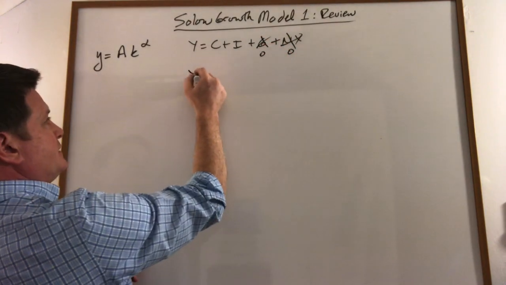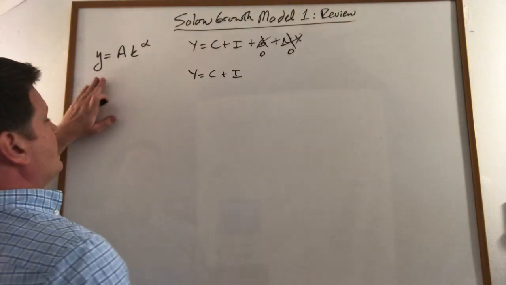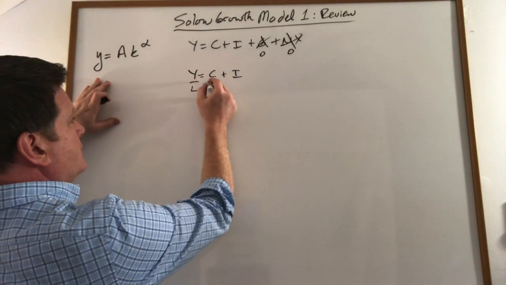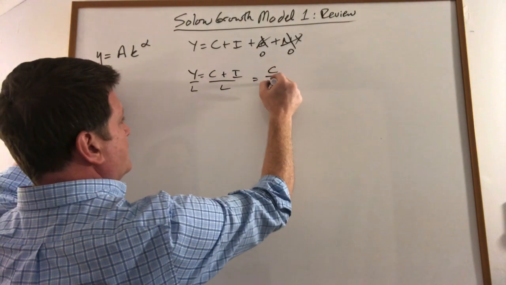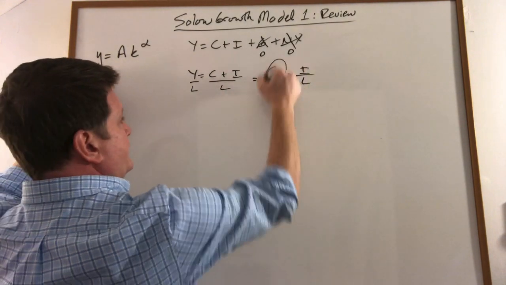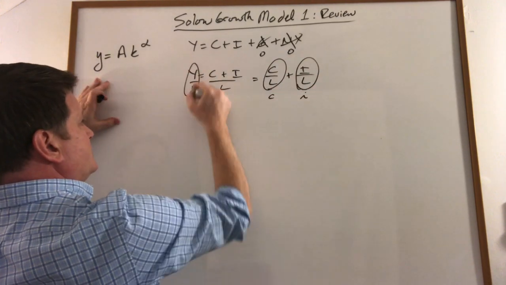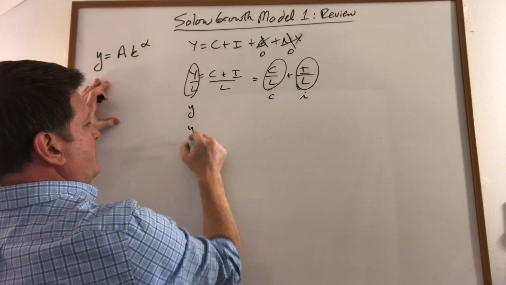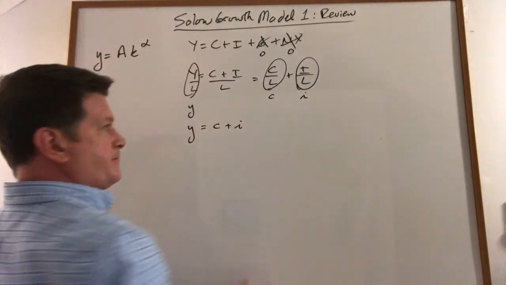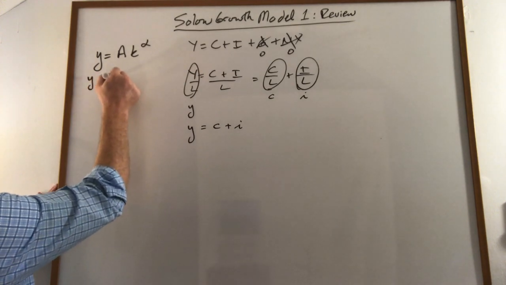So this really is C plus I. Again, we want everything in terms of labor. So I call this little c and this little i. This was little y. So we have little y equals c plus i. I'll write that over here.